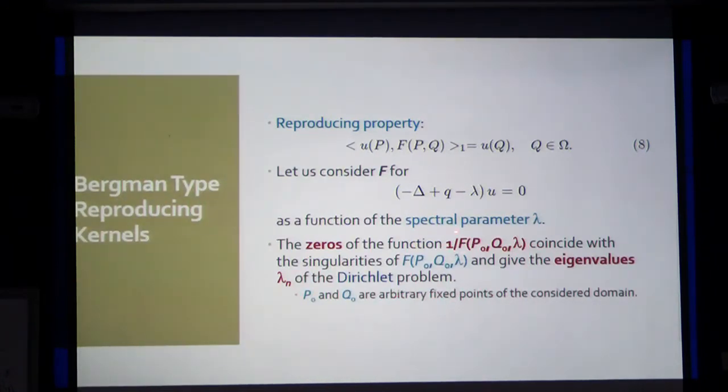And these zeros of the inverse of the Bergman kernel will coincide with the singularities of this Bergman kernel, and then will give the eigenvalues lambda n of, for example here, the Dirichlet problem.